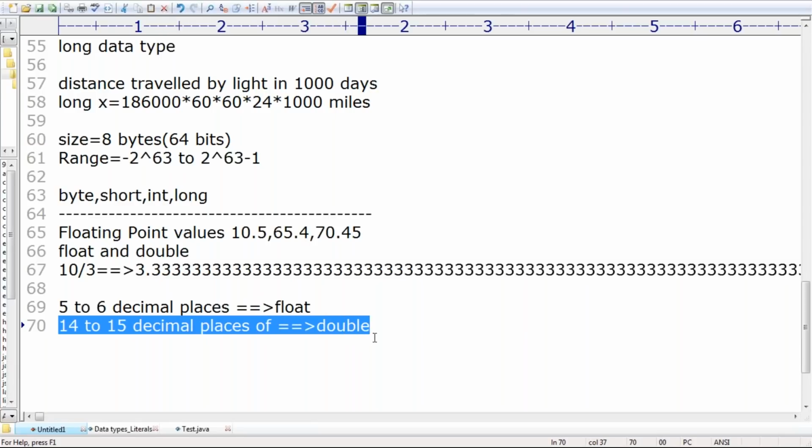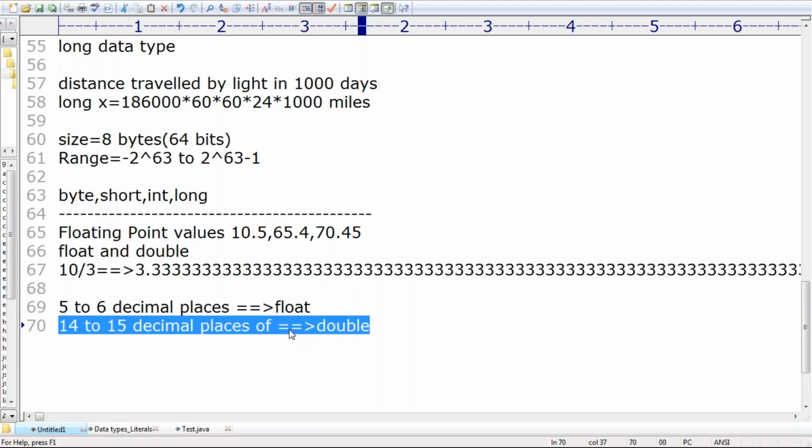Any explanation required? Okay, so less accuracy, more accuracy. Which is the less accuracy? Float means less, double means more accuracy, right?